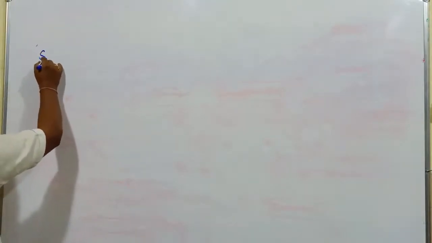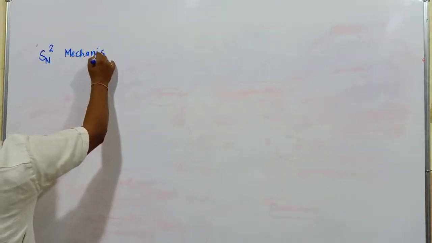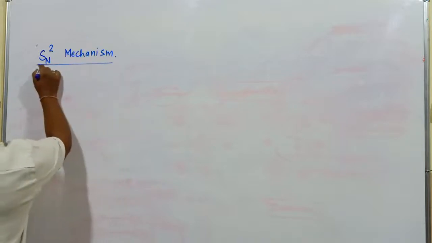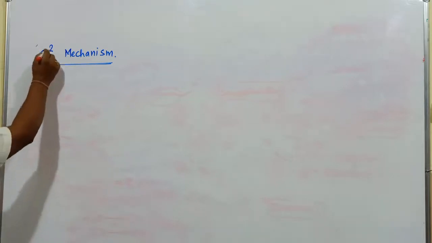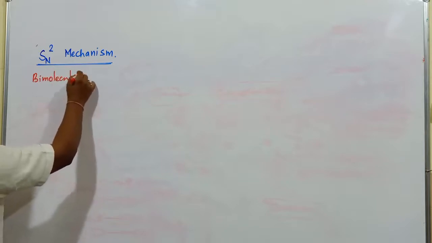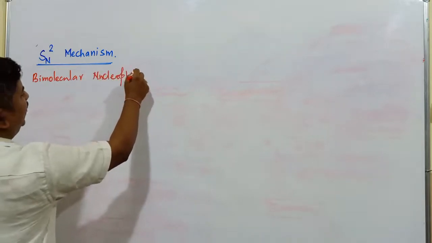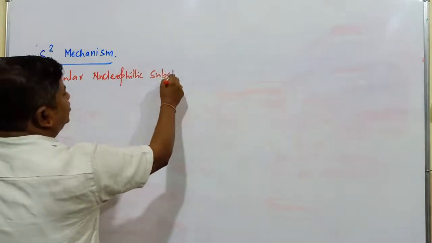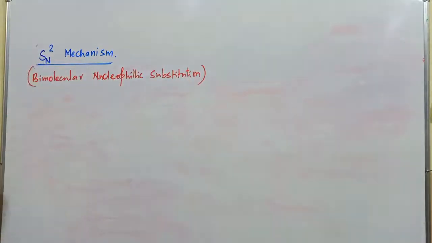So in detail we have completed SN1 mechanism. Next we have to go with the second mechanism, that is SN2 mechanism. Students, in the introduction of SN1 and SN2 mechanism, I mentioned very clearly what the meaning of SN1 and SN2 is. The 2 refers to bimolecular nucleophilic substitution reaction.